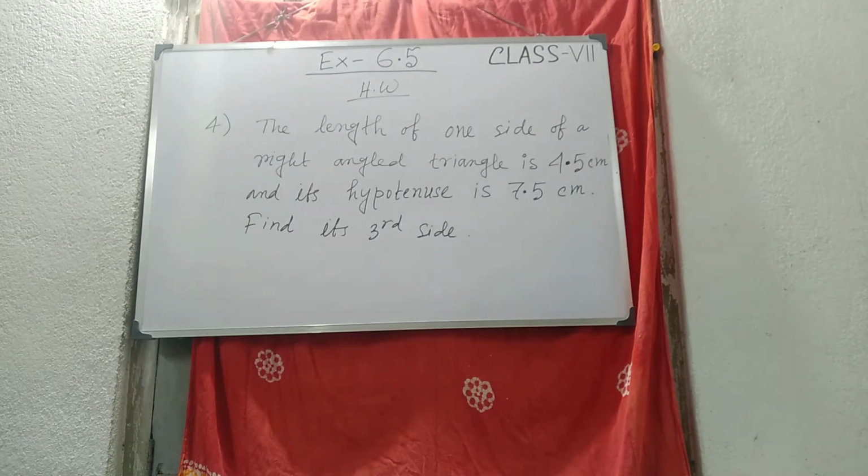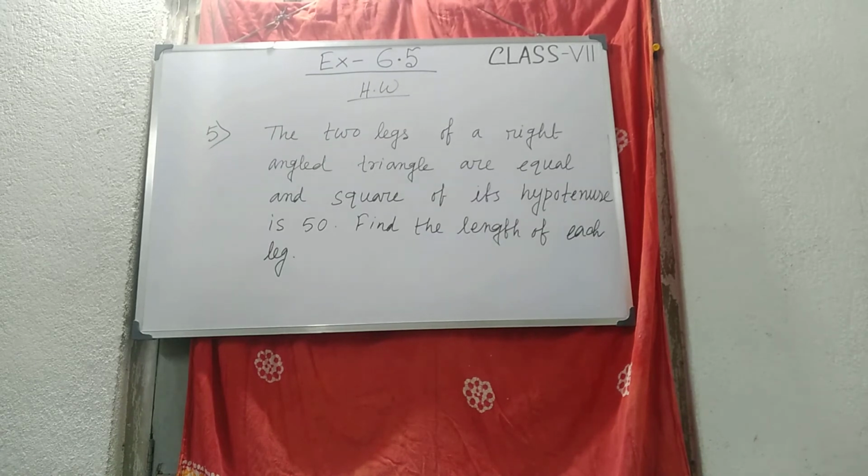Now your fourth homework. The length of one side of a right angle triangle is 4.5 centimeter and its hypotenuse is 7.5 centimeter. Find its third side. Now fifth homework. The two legs of a right angled triangle are equal and square of its hypotenuse is 50.